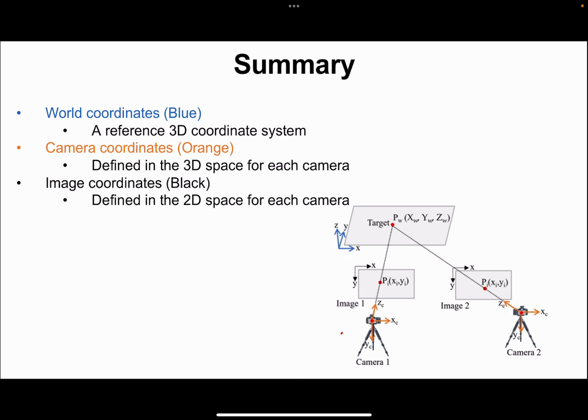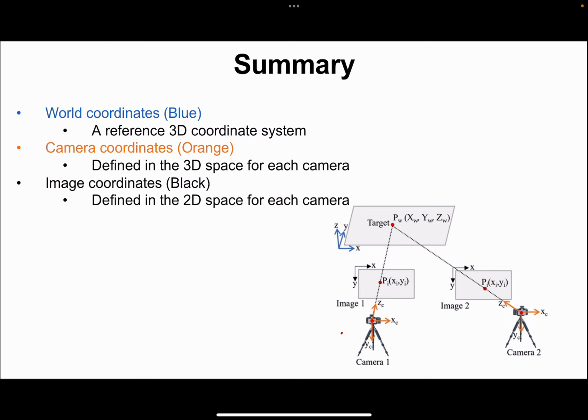Camera coordinate system means the camera is always centered. It is a camera relative coordinate system. This is always the x-axis of the camera coordinate system, y, z. And if you rotate the camera, it doesn't matter. It is always fixed with respect to camera pose. That is the camera coordinate system.